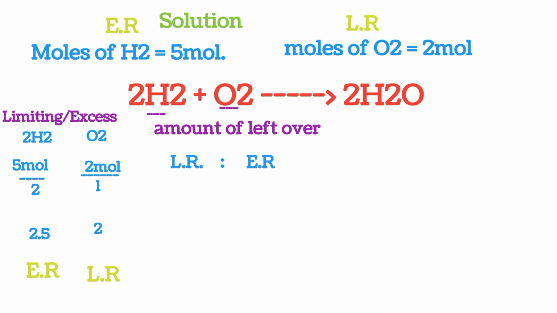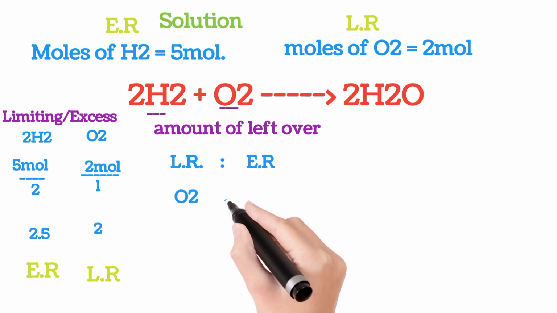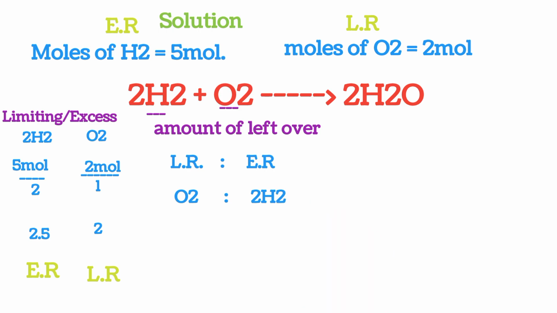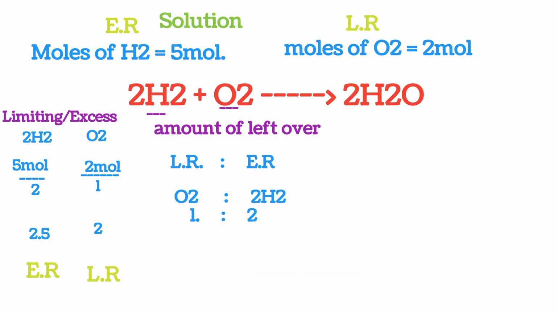We'll do that by getting the ratio of the limiting reactant to the excess reactant. The limiting reactant is oxygen, while the excess reactant is hydrogen. So the mole ratio now is going to be 1:2. But 2 moles of oxygen was completely used up.